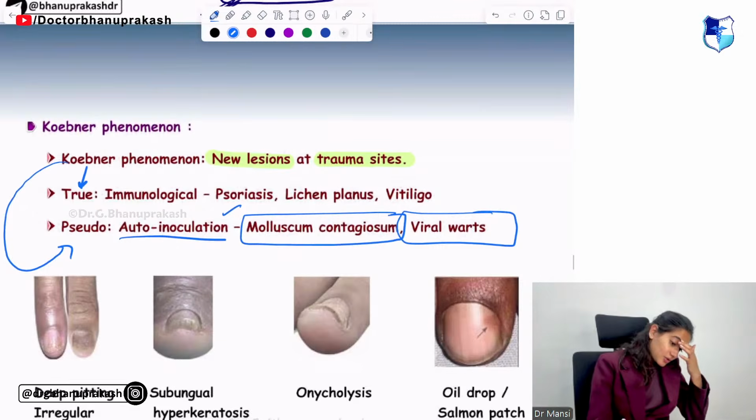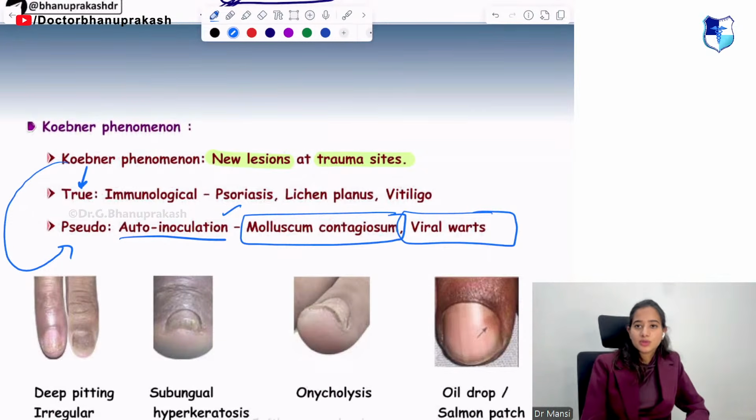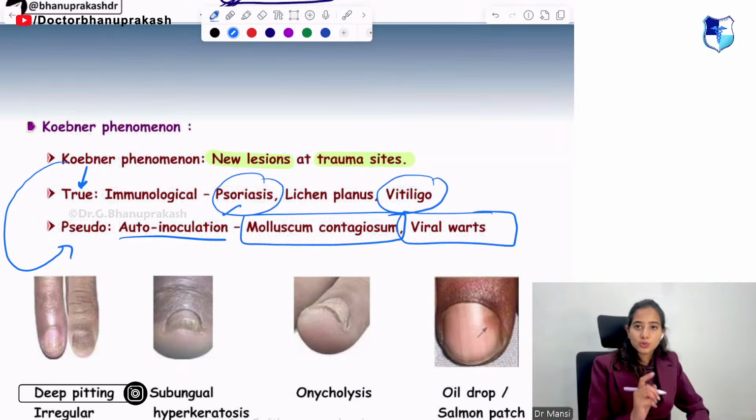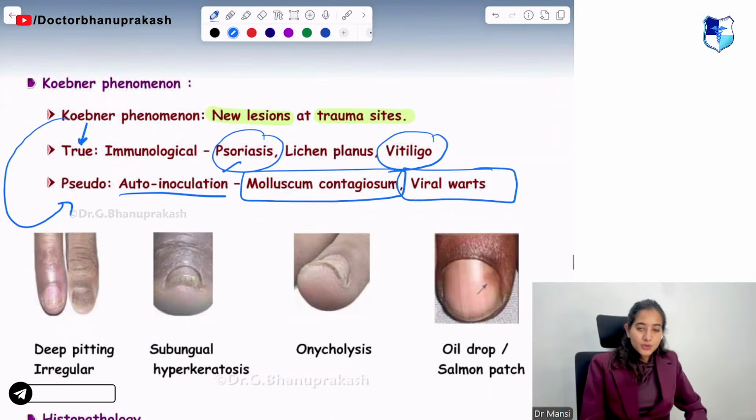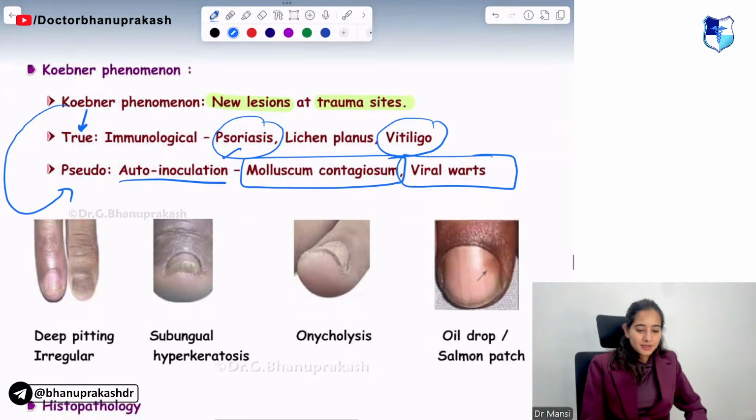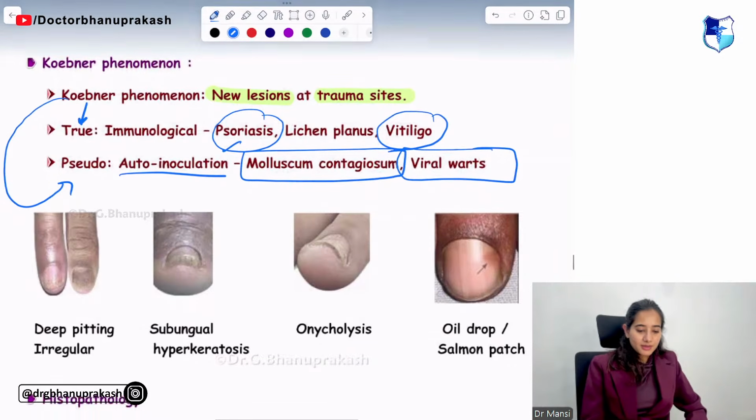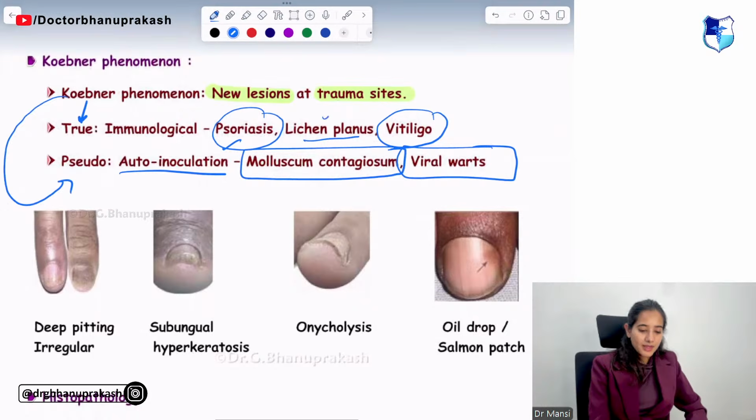True happens because of an immunological condition. We already discussed vitiligo and psoriasis, both of which had true Koebner's phenomenon. I hope you're able to understand and remember everything. And then we have Lichen Planus, which we have to discuss.